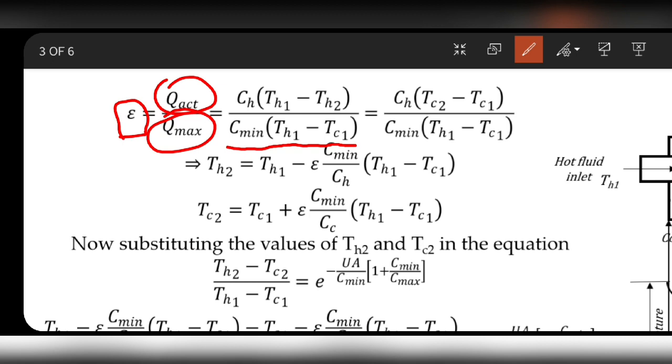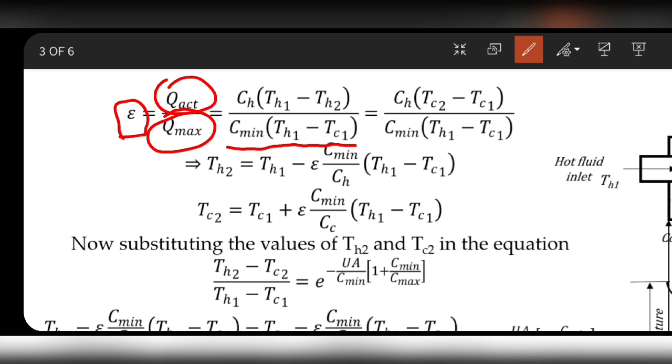So that is the maximum potential for heat transfer, and the amount of heat transfer also depends on the properties of the fluid. So here the product of mass and specific heat plays an important role. Although one of the fluids will have a maximum value for that, the amount of heat transfer depends on the minimum value.